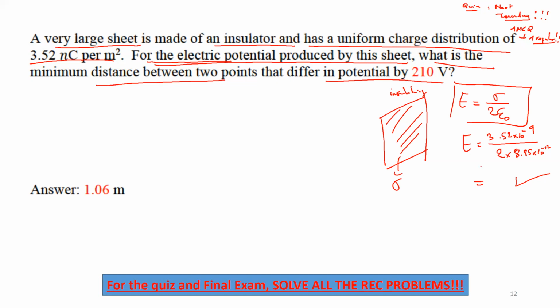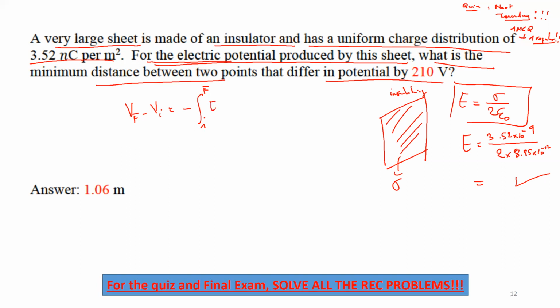So basically, I can know what's the electric field. Now you know that V final minus V initial will be just minus the integral between initial and final of E dot ds. Be aware of this order: final minus initial.